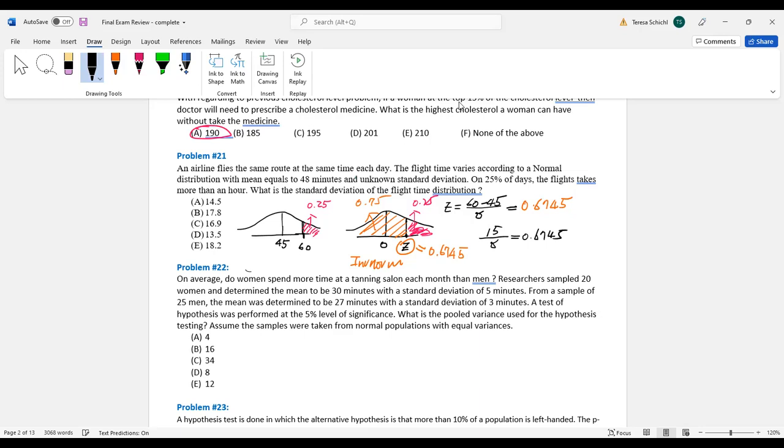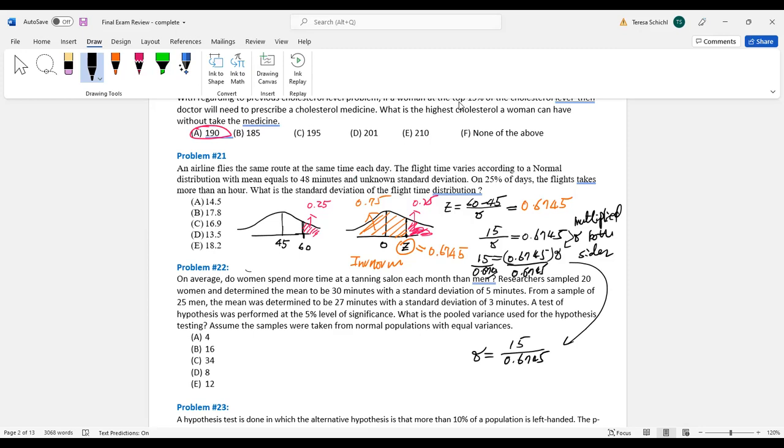Then you multiply sigma on both sides, so 15 equals 0.6745 times sigma. Try to solve it, it's like in your algebra. So now for sigma, you just divide by 0.6745.